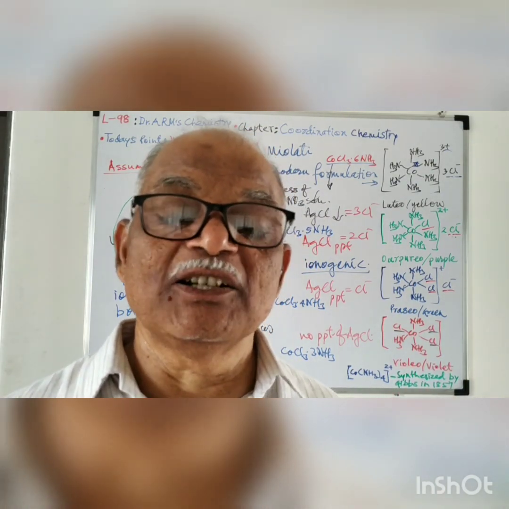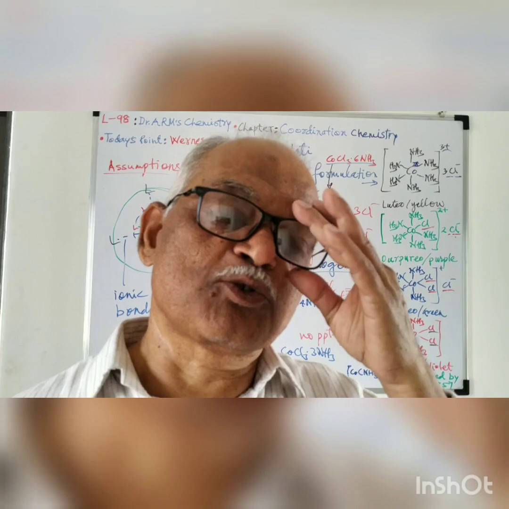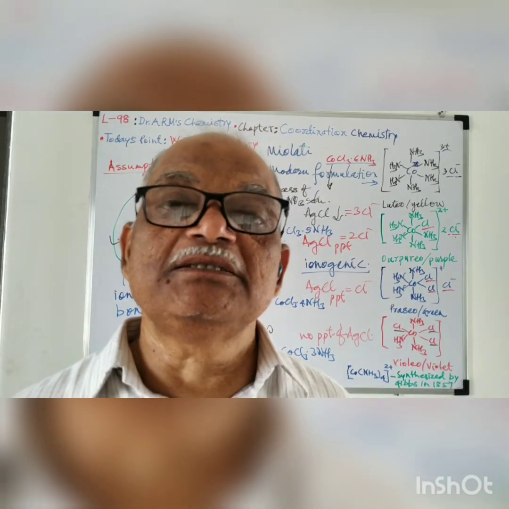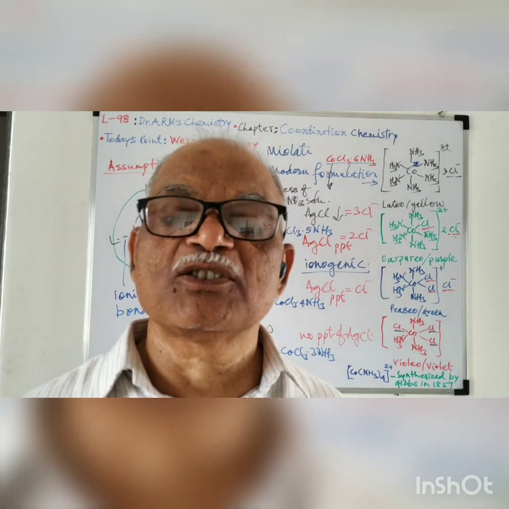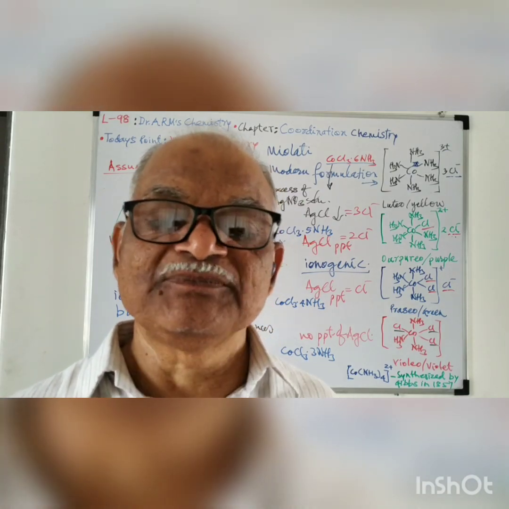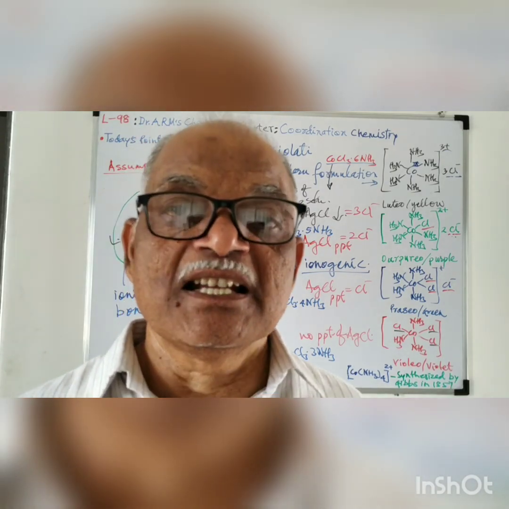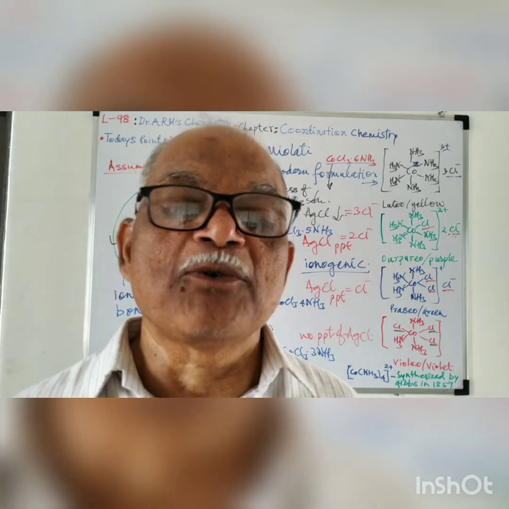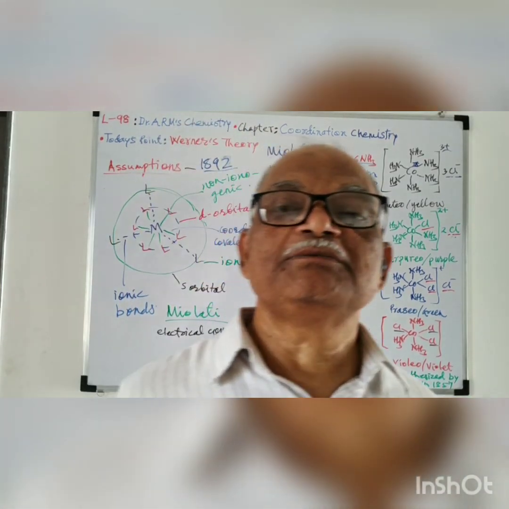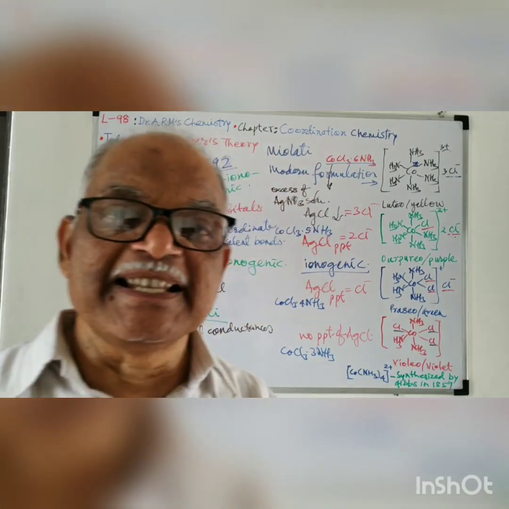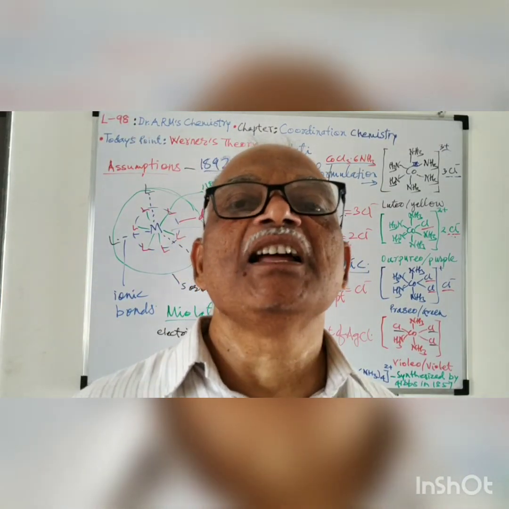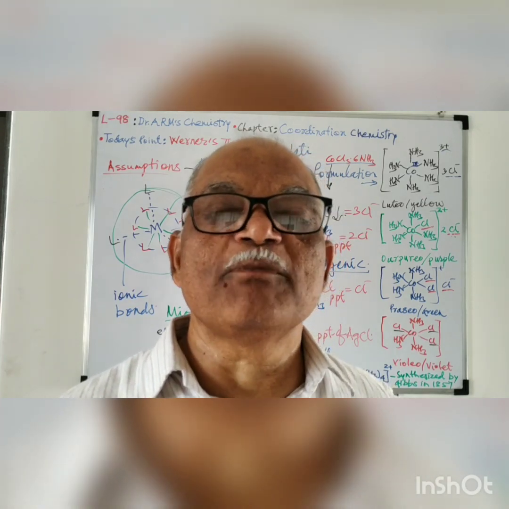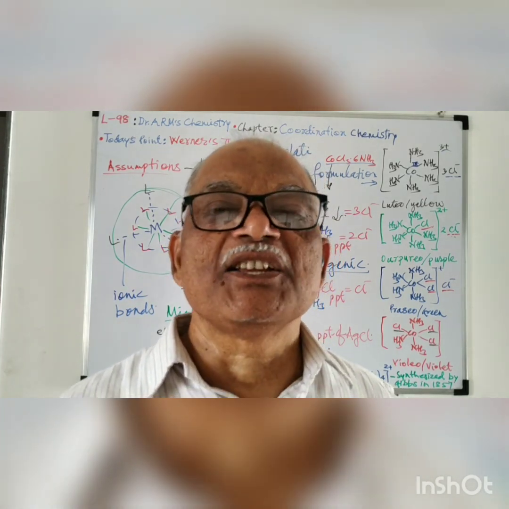The electron had yet to be discovered. The modern methods of instrumentation were not available. Still, the theory proposed by Werner was found to be much appreciated and helpful to explain various aspects of the complexes he synthesized.